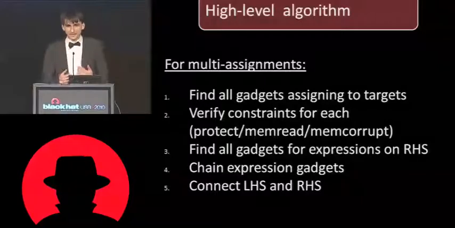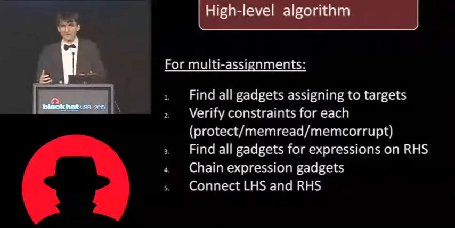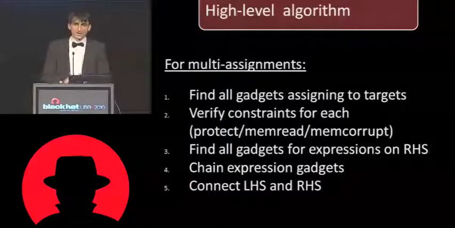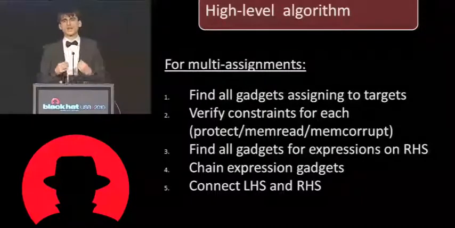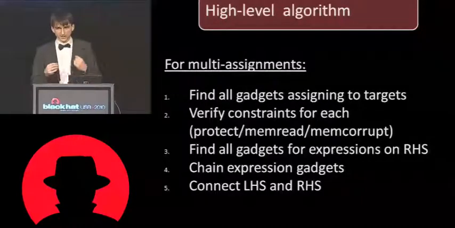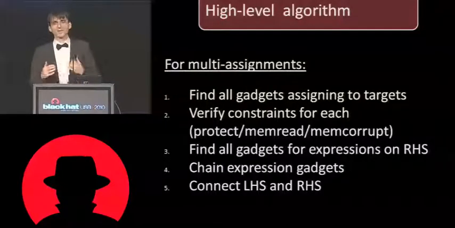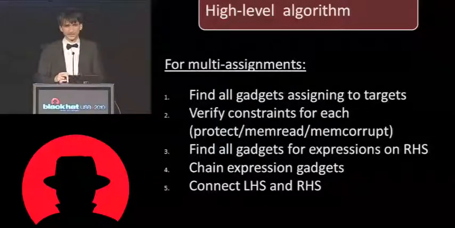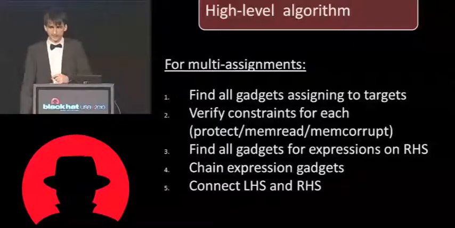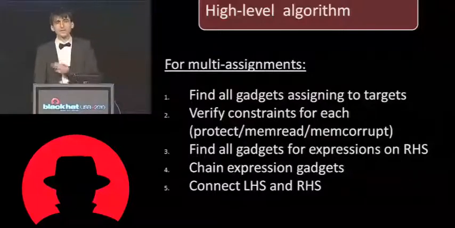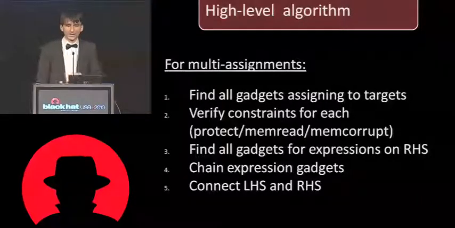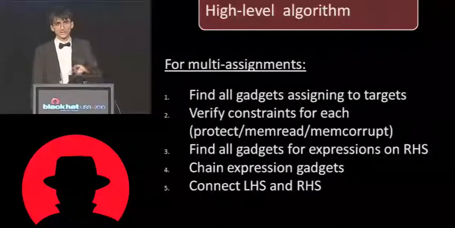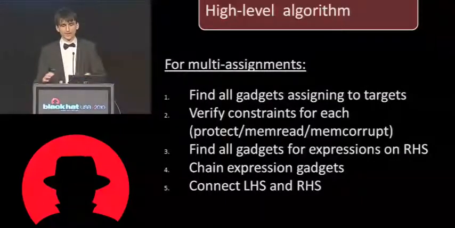Now, you may ask yourself, why do we have this multi-assignment? The reason for that is that we wanted the compiler to have flexibility. What actually happens is that you can perform these multi-assignments in different orders, and the order is randomly chosen.